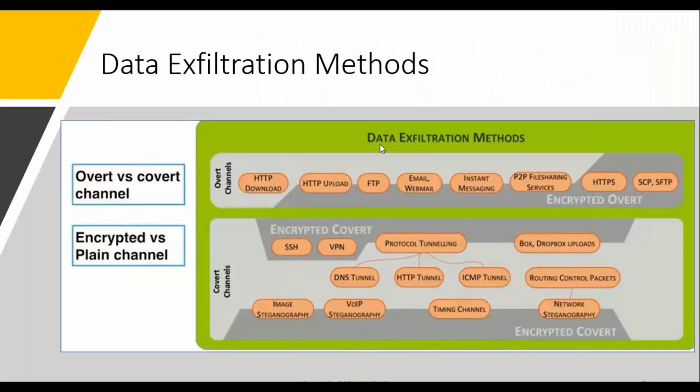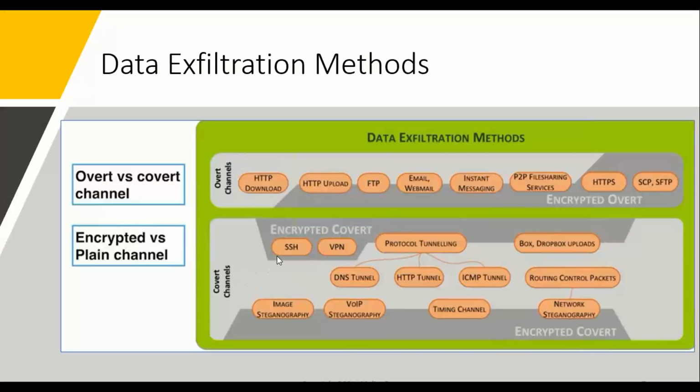So these are the data exfiltration methods used. There are two ways it can be done. One is an overt channel and one is a covert channel, which is on an encrypted network as well. In an overt channel, it is HTTP downloads, it could be FTP, email, instant messaging systems, P2P, file sharing services, HTTPS, SCP, or secure FTP.